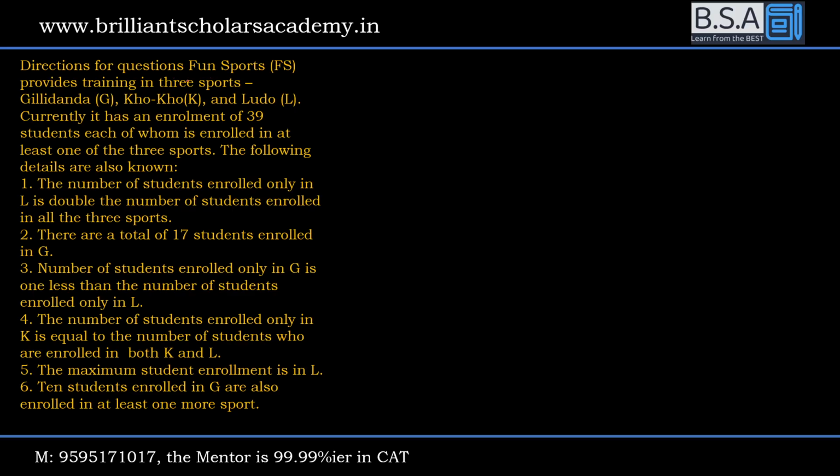Directions for questions. The Fun Sport provides training for gilli danda, kho-kho, and ludo. Currently, it has an enrollment of 39 students, each of whom is enrolled in at least one of the 3 sports. The following details are further known. So we have here gilli danda, we have here kho-kho, and we have ludo.